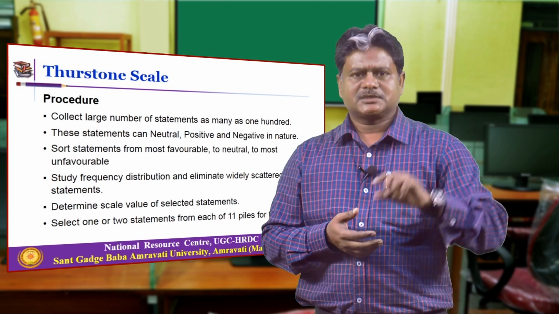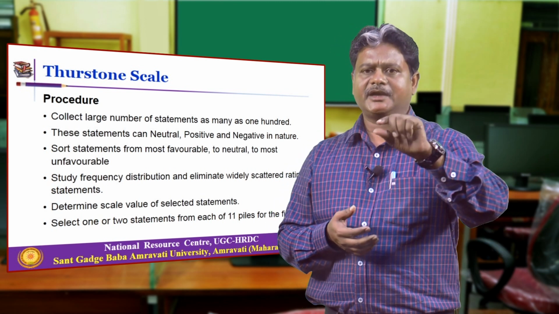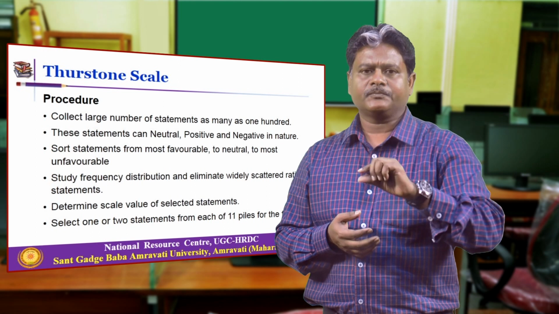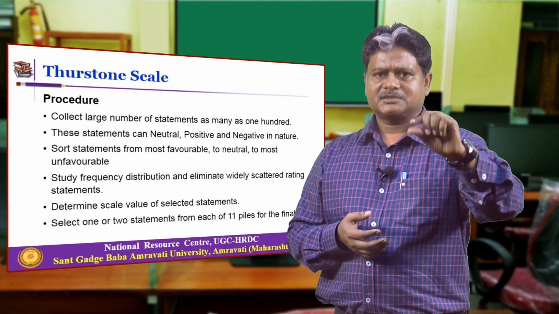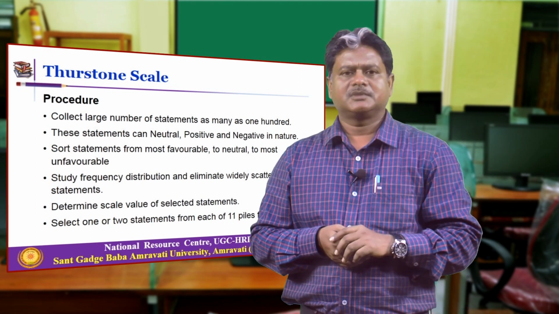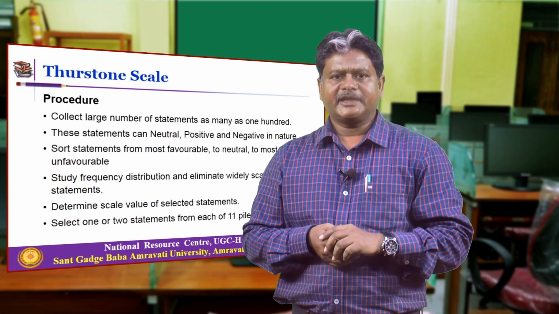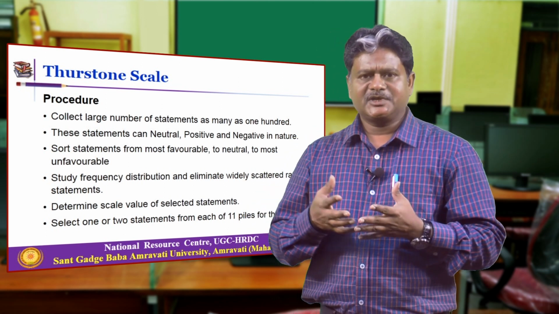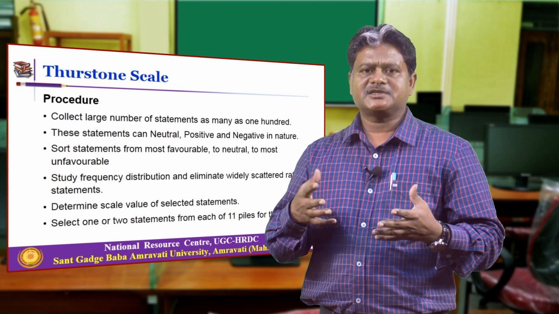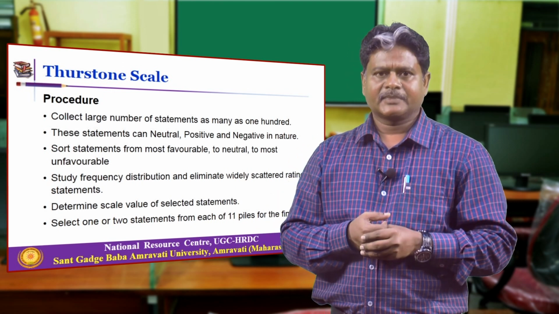Likewise, if I rate a particular statement as 5, then that statement is put into pile number 5. So these examiners will rate all the statements that we have collected so far.